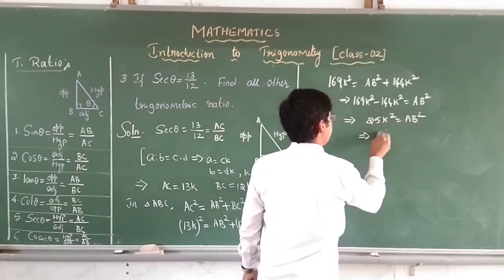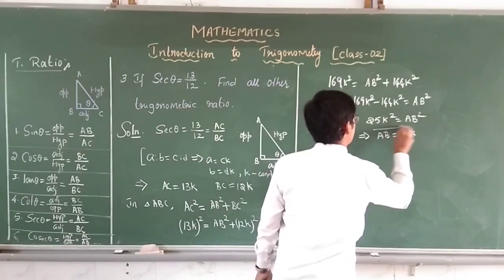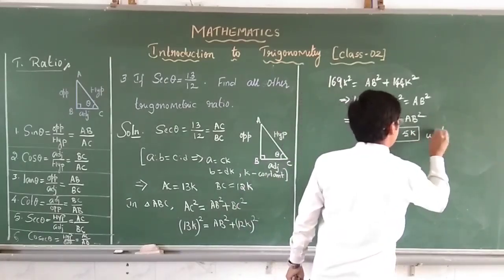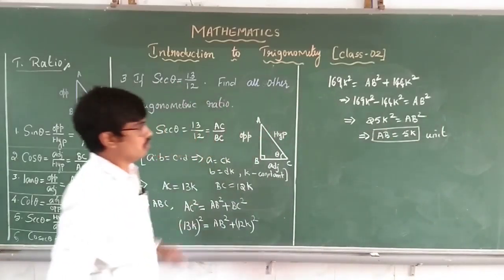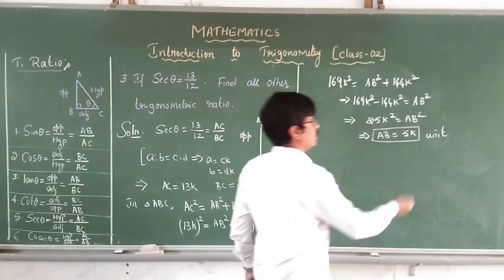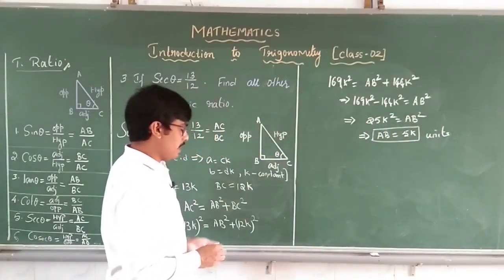This implies AB will be 5 times the k. We don't know exactly whether it is in centimeters or meters because it is a ratio, so let it be units. Now we got AB as 5k.